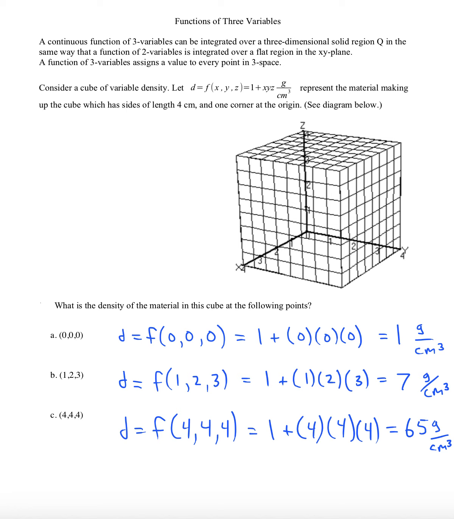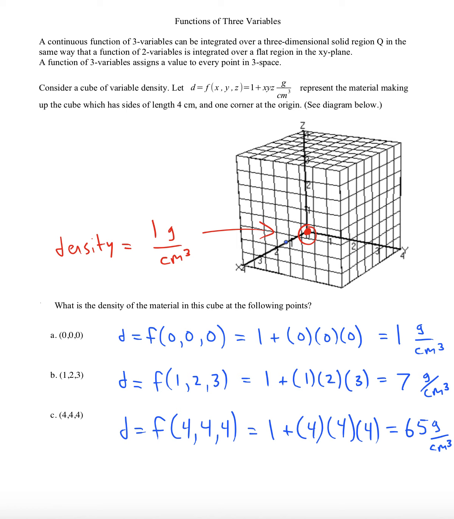All right, so where are all these points in the cube itself? Well, here's one at the origin, and remember it was 1 gram per cubic centimeter there. That was the density. We have the point 1, 2, 3.